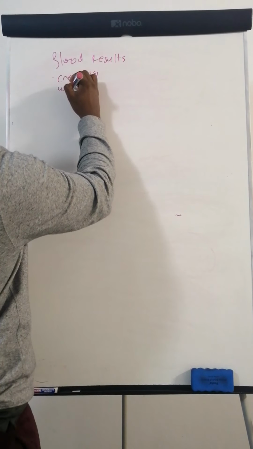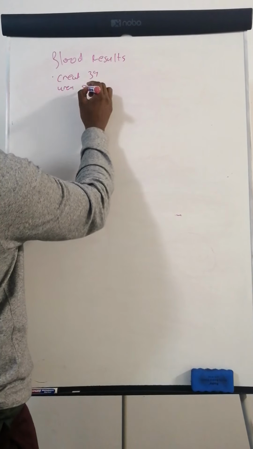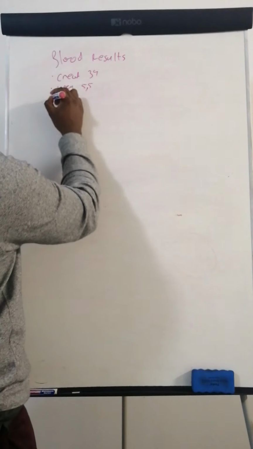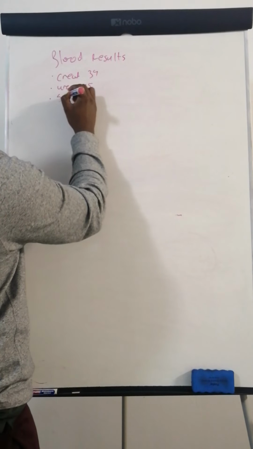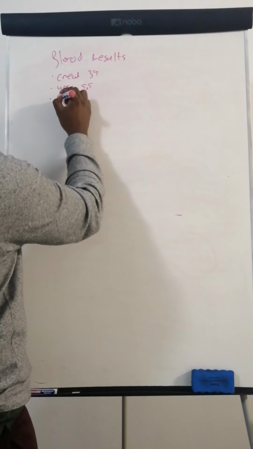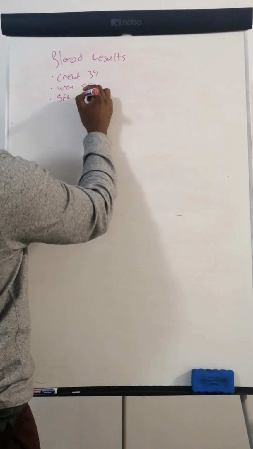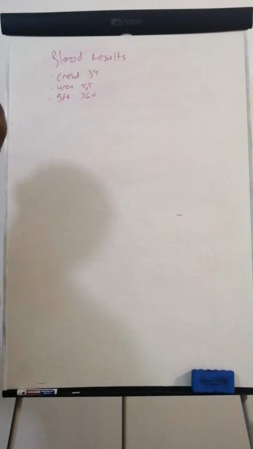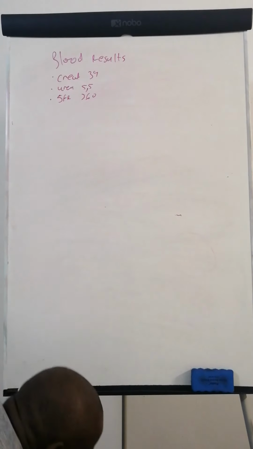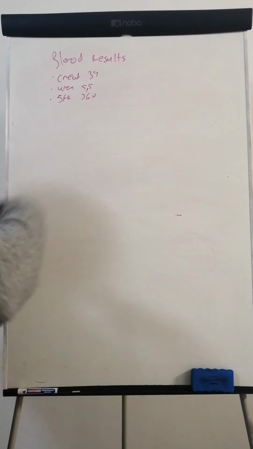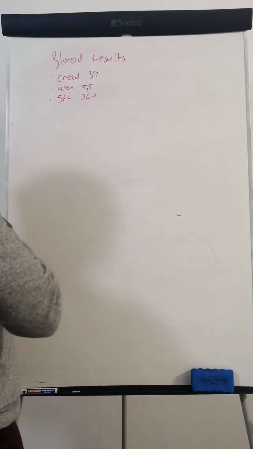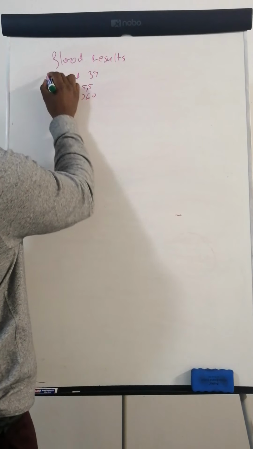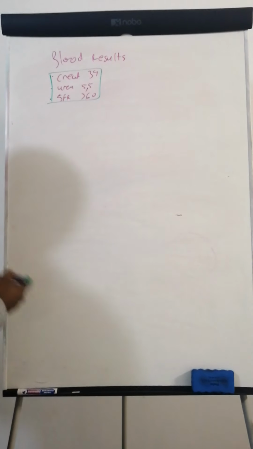Our urea was 5.5, sorry. Our GFR, glomerular filtration rate, was above 60. So based on this, our patient didn't have any form of renal impairment. So the anasaka or the swelling that she had was not due to any renal problem. So we are done with that one.